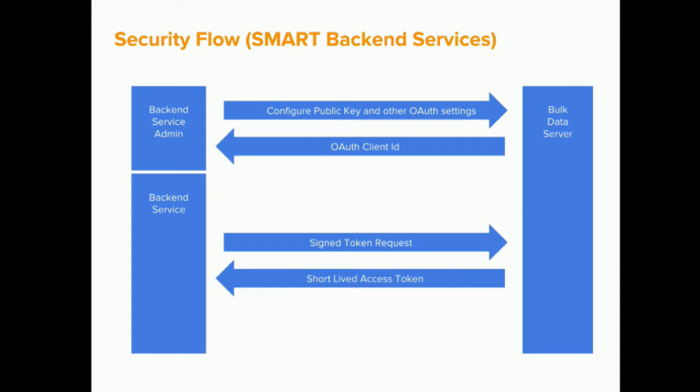The client would then create a token, sign it with its private key, and send that to the bulk data server, which would return an access token, a short-lived access token. When that expires, the client can then request a new token. So it's a pretty simple OAuth process relative to the user process where they log in, but it doesn't require user interaction in the middle, post-initial setup.